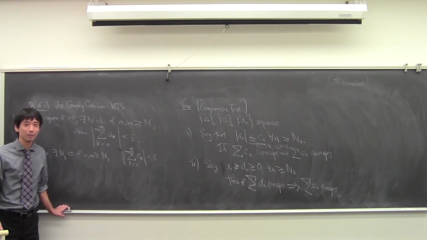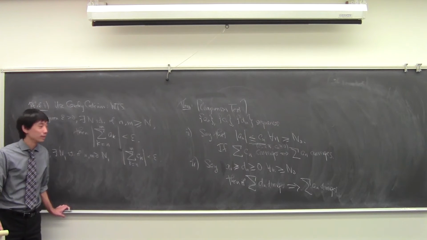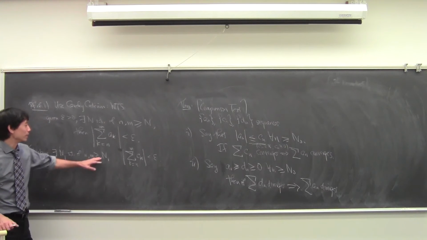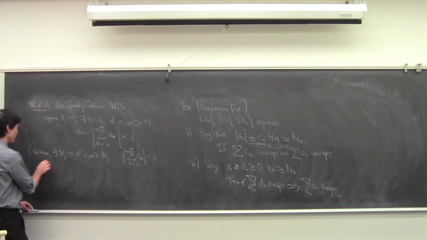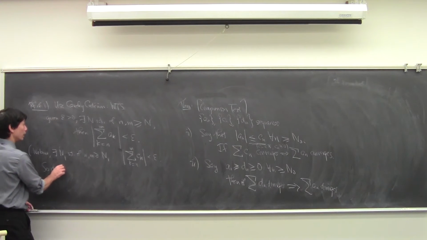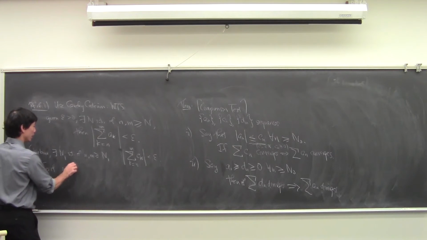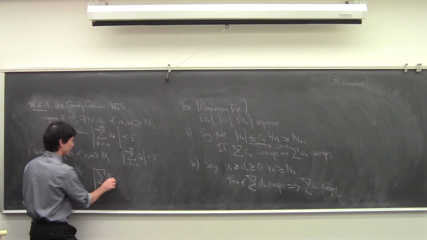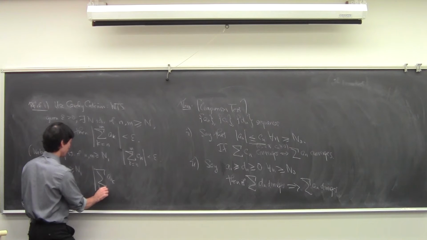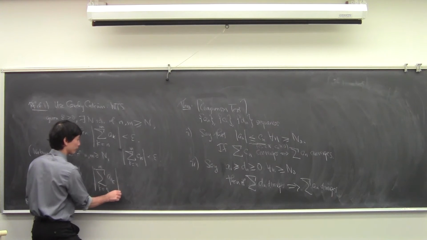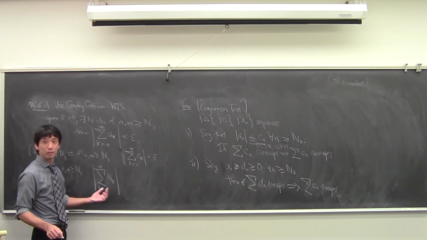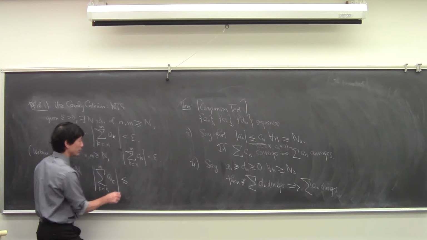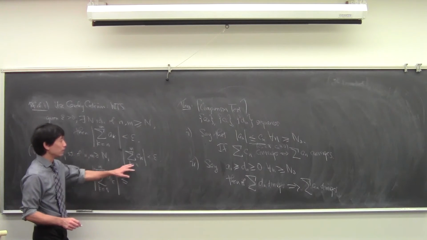What do we know about the C's and the A's? You make the n bigger or equal to n1. Okay, right. So if n and m are bigger than n1, we know that the sum of the A sub k's from k equals n to m is smaller than or equal to the sum of the C's.